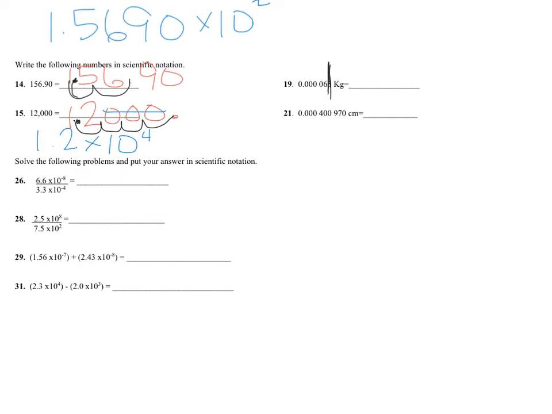And so when we do that, we're going to have 6.5 times 10 to the, that's where we count how many spaces, and we went 1, 2, 3, 4, 5. But this time we went to the right, so it's to the negative 5. And then finally, we have units, so we keep our units, kilograms. 6.5 times 10 to the negative 5 kilograms.